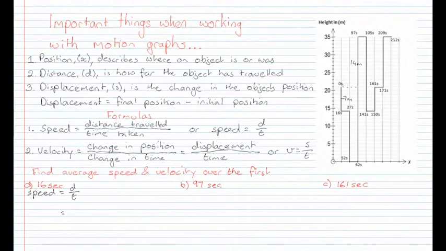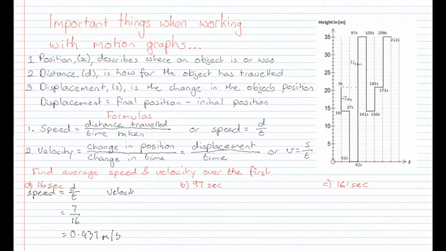Okay, so how far have I travelled for the first 16 seconds? Well, I've gone from 21 down to 14, so I've gone down 7 metres, but distance doesn't matter about which direction, so I've actually travelled a total of 7 metres over time taken 16 seconds, which is equal to 0.437 metres per second.